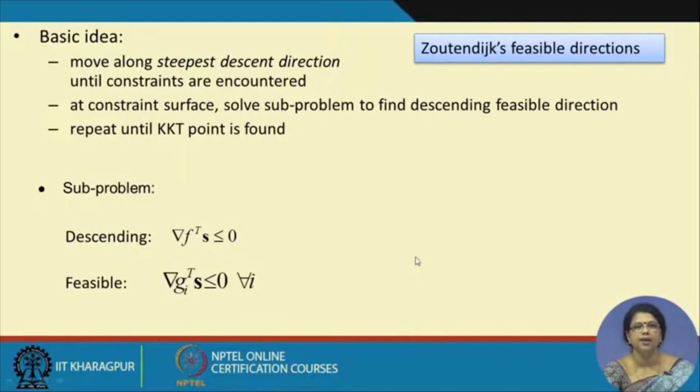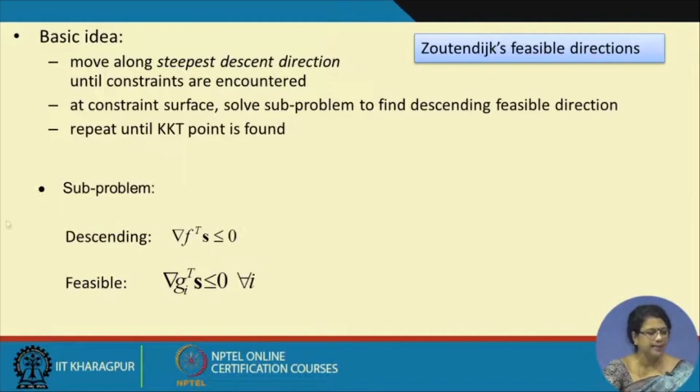That is why I repeatedly said that the descent direction can be explained this way: if S is a direction in n-dimensional space, having components S1, S2 up to Sn, then grad f dot S, the inner product of the two vectors, must be negative for the descent direction, because the descent direction and the gradient of the objective function always make an obtuse angle.